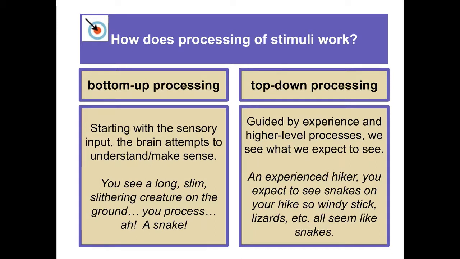So bottom-up processing is a raw sensation in its most literal form. It is how your brain experiences something without any expectation or without any preconceived notions. So you walk down the beach in bare feet and you step on a shell, and the shell is sharp and you feel pain. Well, your experience in that scenario is an example of bottom-up processing, because you didn't have an expectation of pain, you didn't have a psychological concept of pain.